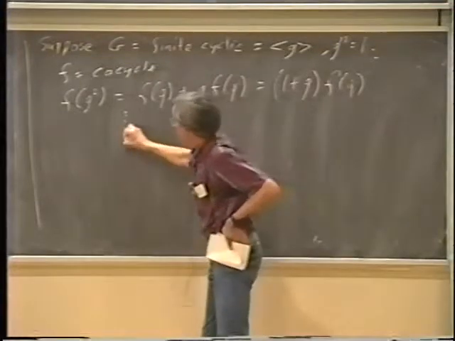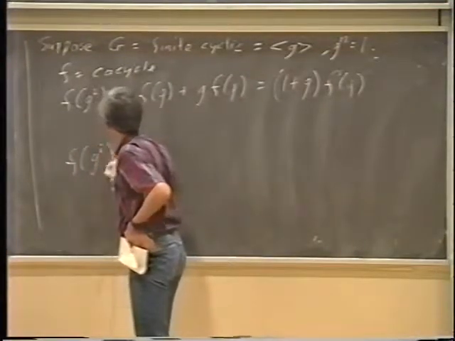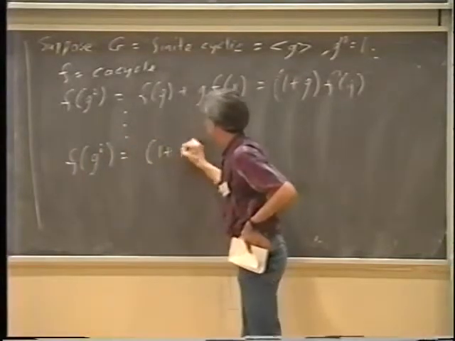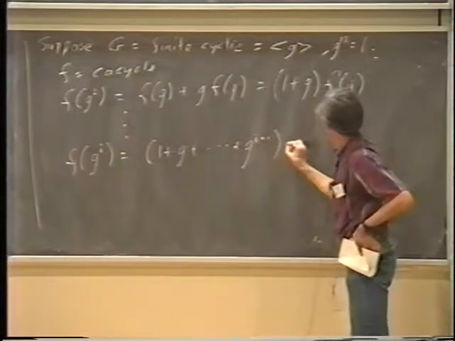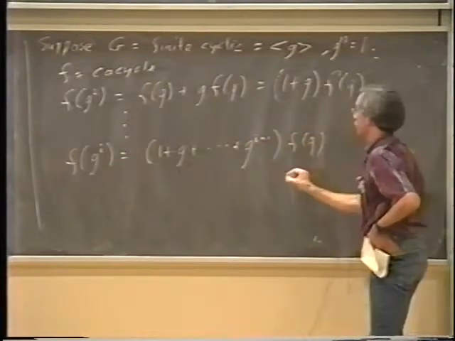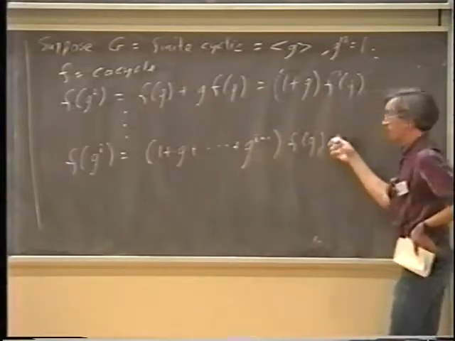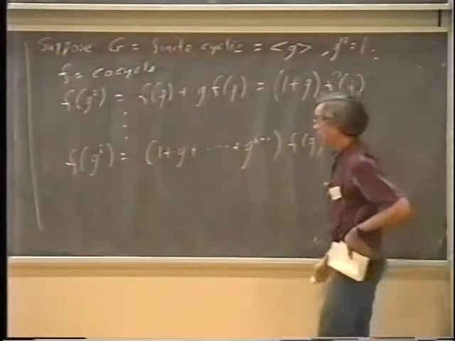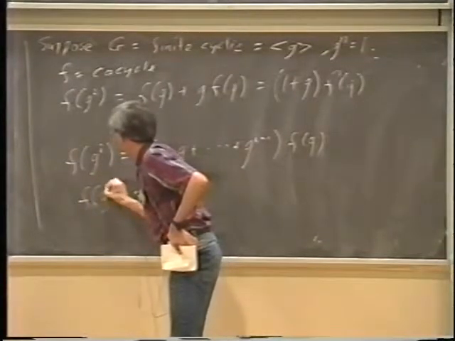And if you keep going by induction, you get f of g to the i is 1 plus g plus up to g to the i minus 1 times f of g. So this just means take all the actions, add them up, and you get another element of X. And then you get f of g to the n.